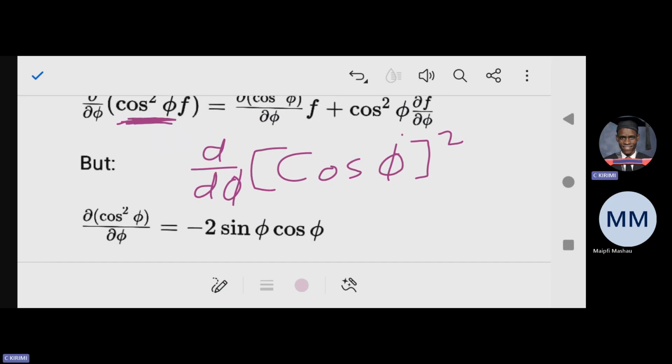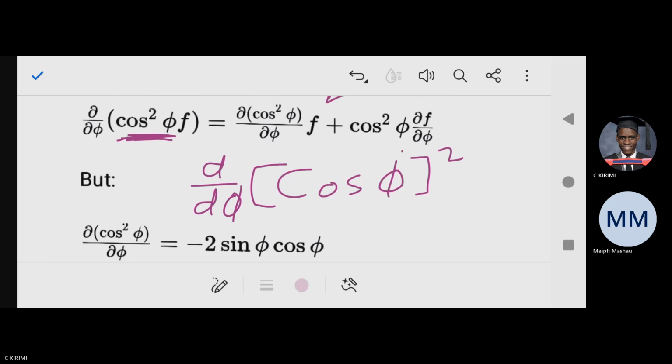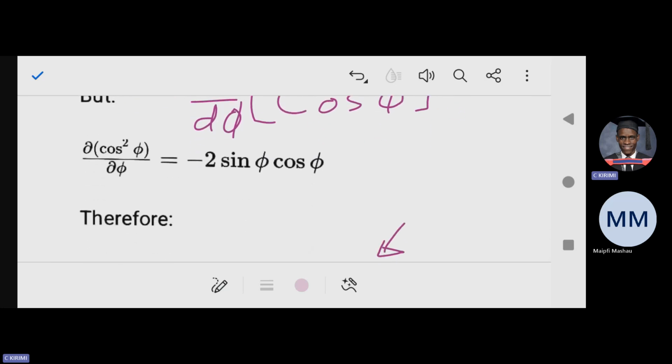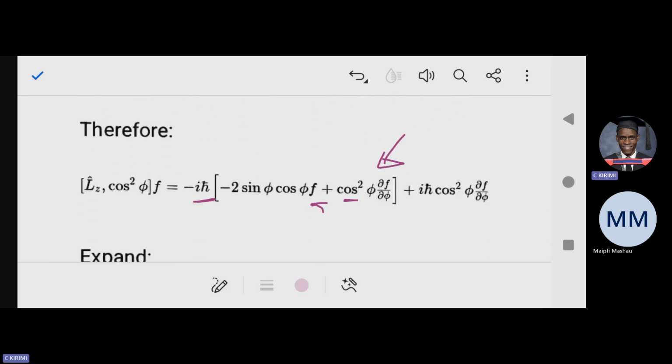Then you add cos squared phi, partial f over partial phi. What has only changed here is that you are just multiplying this term. It did not change, it is still the same as this one for the first bracket.